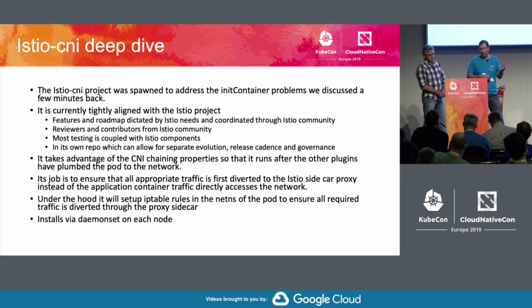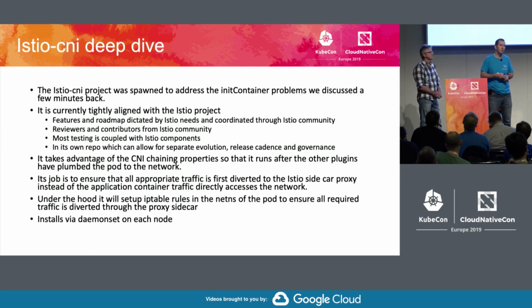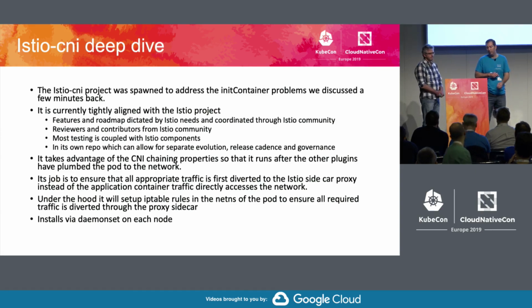The current project is really tightly coupled with Istio, so it's driven by Istio features and reviewers and contributors. It takes advantage of the CNI chaining that I just talked about to plug a CNI plugin into an existing CNI configuration. So it doesn't actually do any full networking itself. It's just responsible for doing that redirect I showed in that picture.